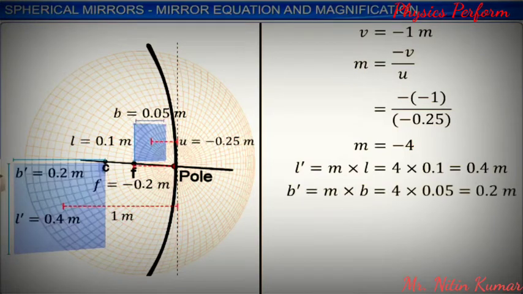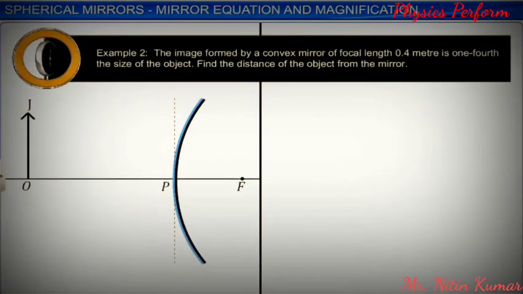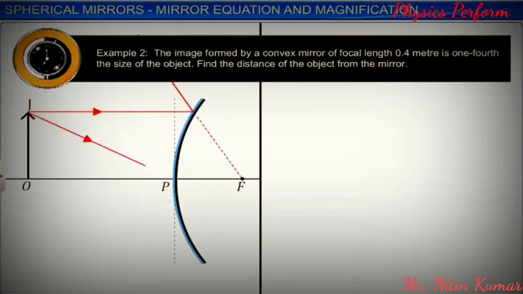Example 2. The image formed by a convex mirror of focal length 0.4 meter is 1/4 the size of the object. Find the distance of the object from the mirror. Solution.